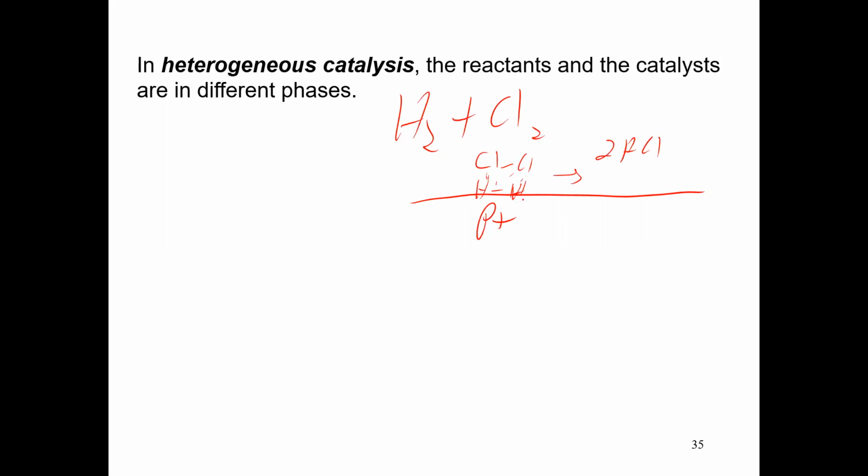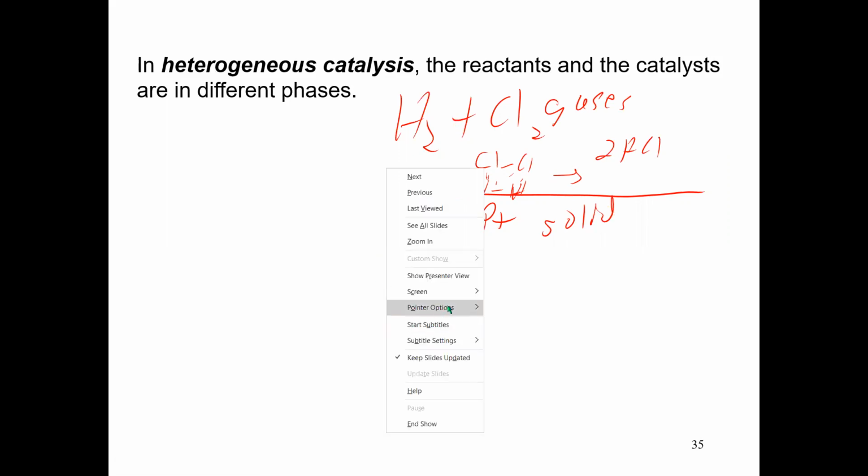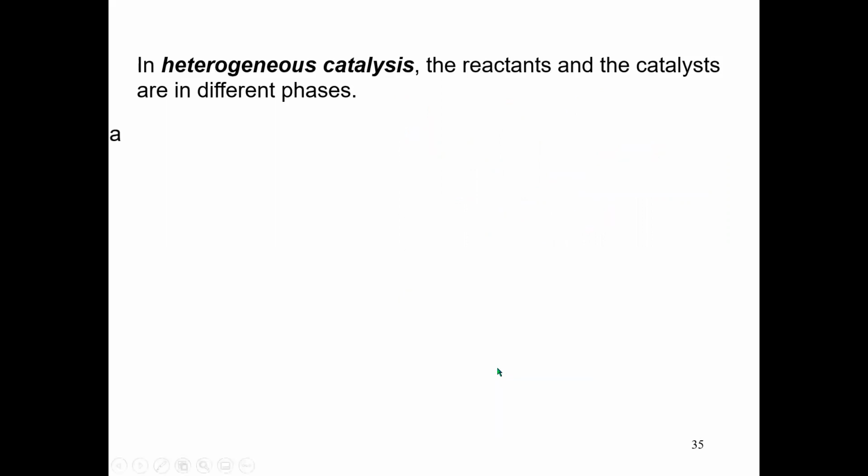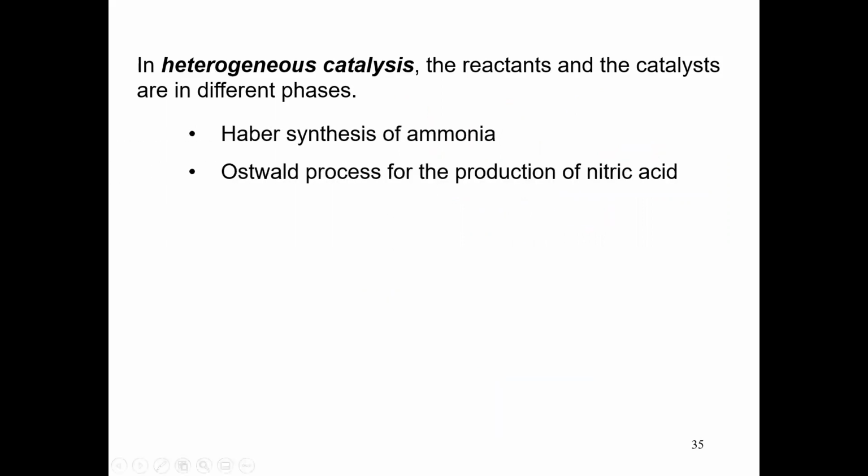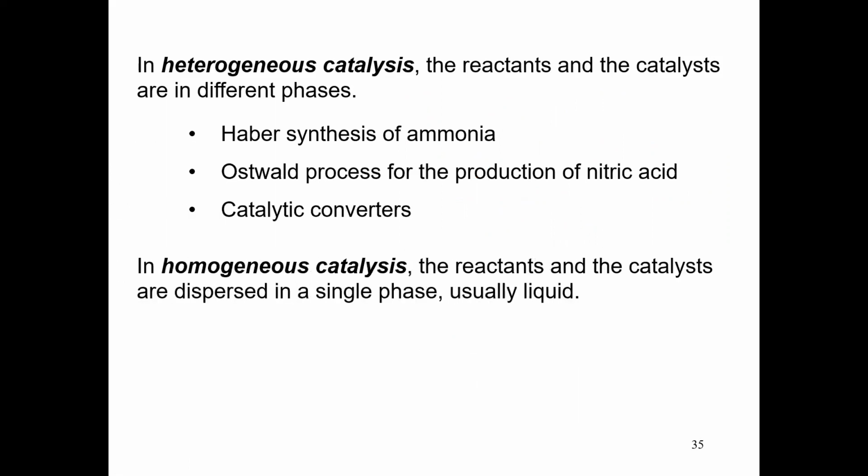That is a heterogeneous catalyst. These are both gases, and this is a solid. So in the case of platinum, the reaction would take place faster. Examples are the Haber synthesis of ammonia, and the Ostwald process for production of nitric acid. If you want, you can look these up.